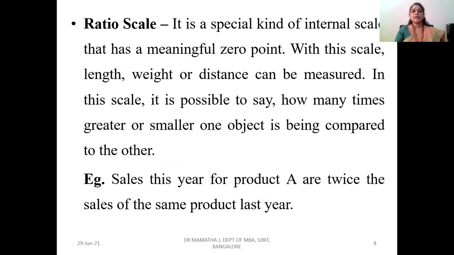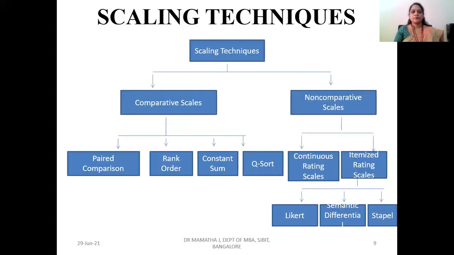So for example, sales this year for product A are twice the sales of the same product last year. So you have an absolute zero here in the ratio scale, most advanced type of scale where it usually measures the distance. Okay. This is the ratio scale. So these are the four basic types of scales which can be made use of in the questionnaire.